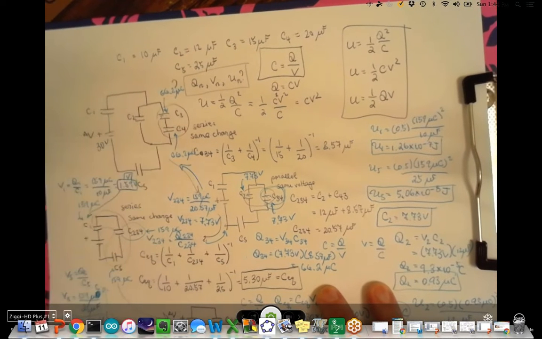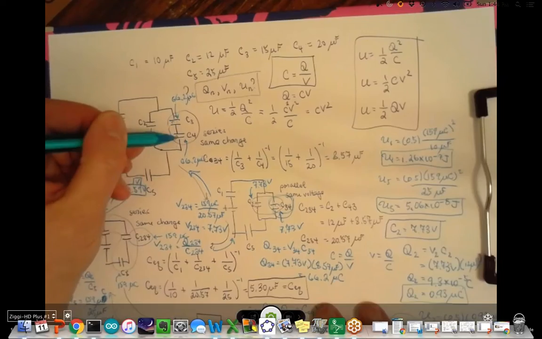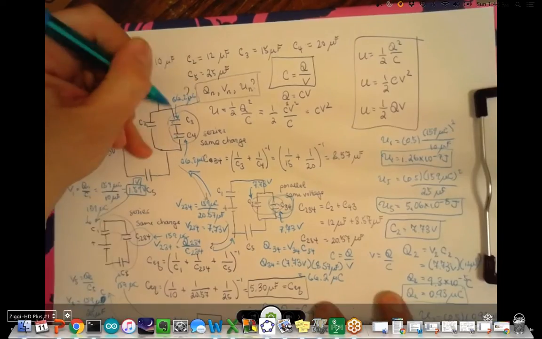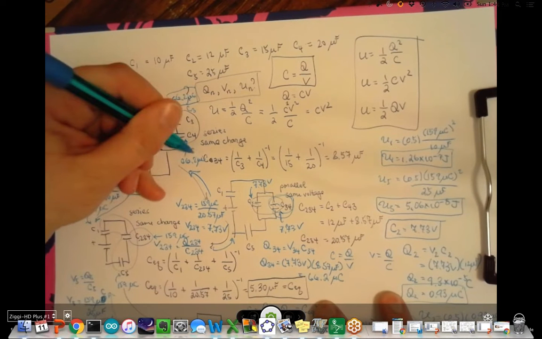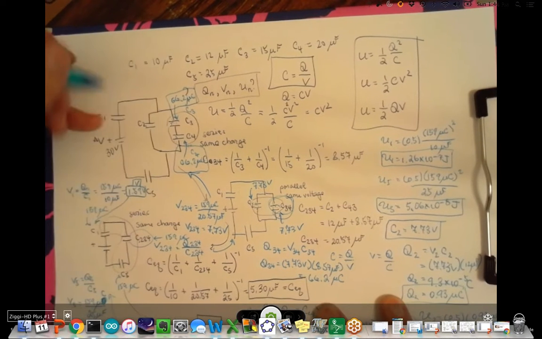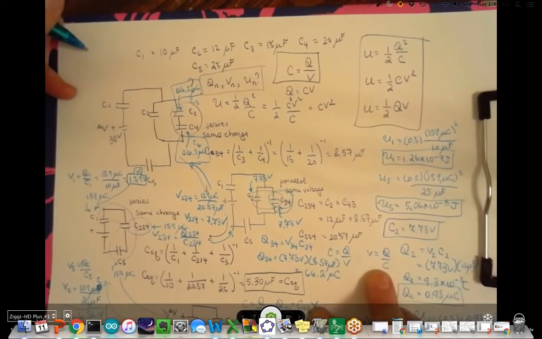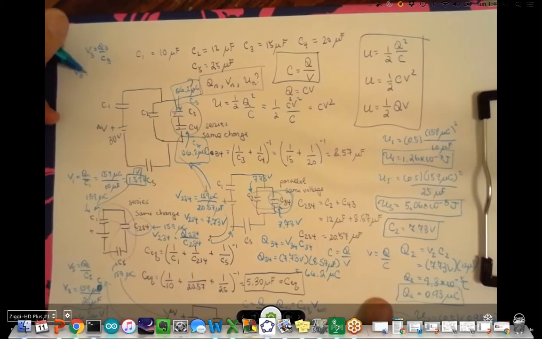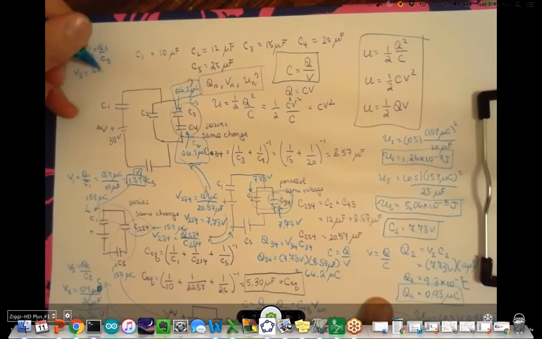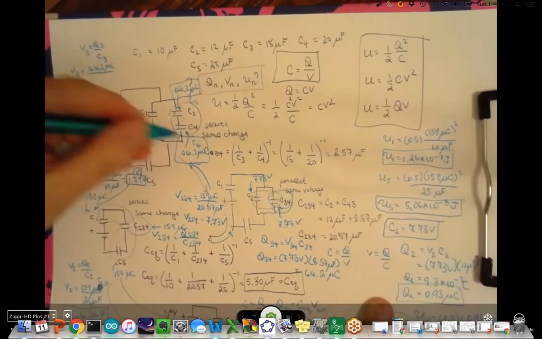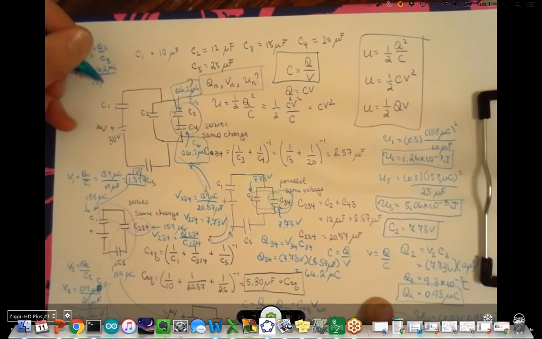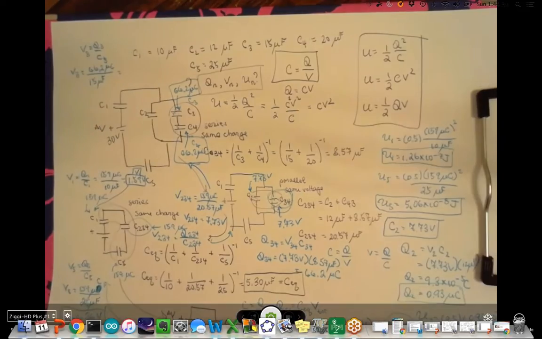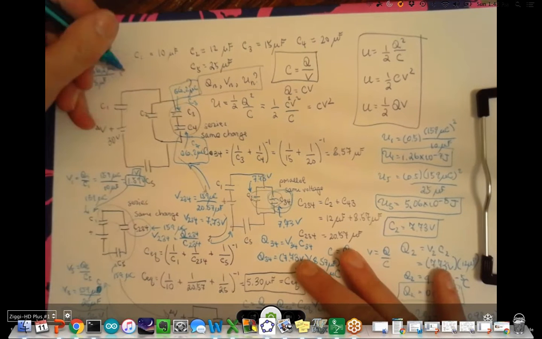So we're backing up the very last step. The only thing is we don't know the voltage on each of these, and we don't know the energy in each of those. But now we know the charge on C3 and C4. The voltage is equal to Q over C. So V3 is the Q of 3 over the capacitance of 3, which is 66.2 microcoulombs divided by 15 microfarads, so that's 4.41 volts.